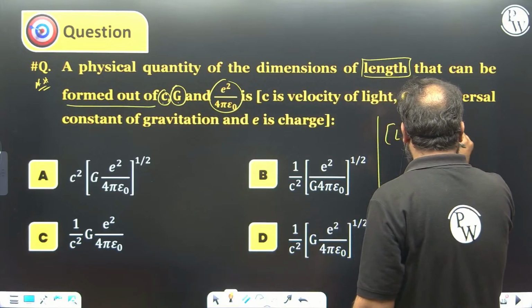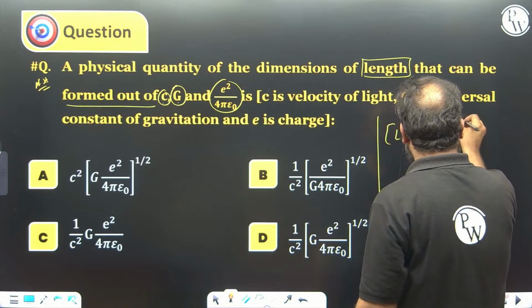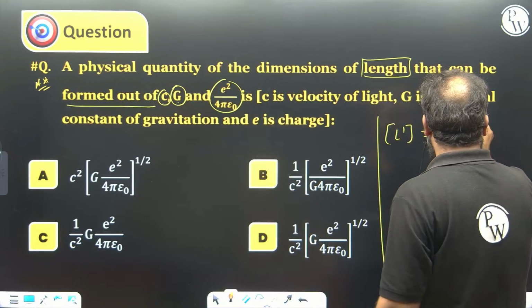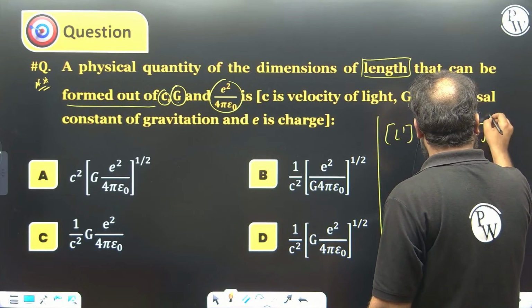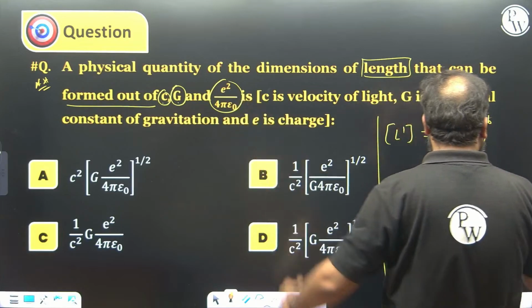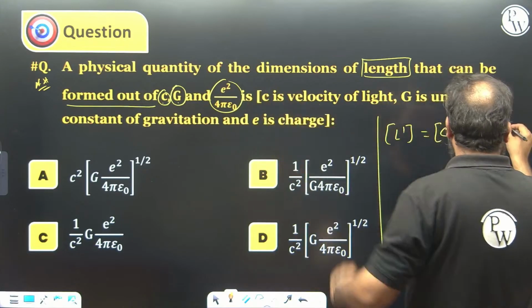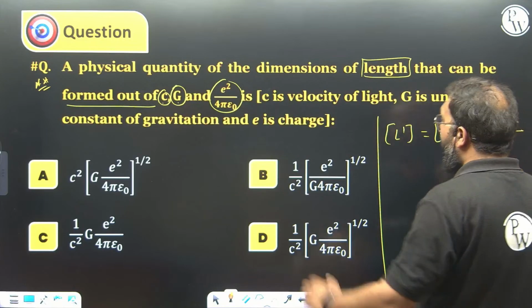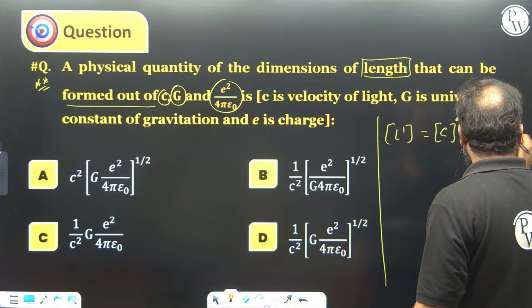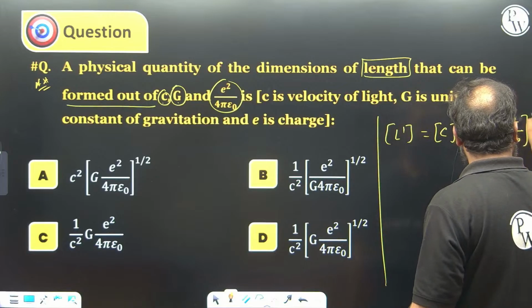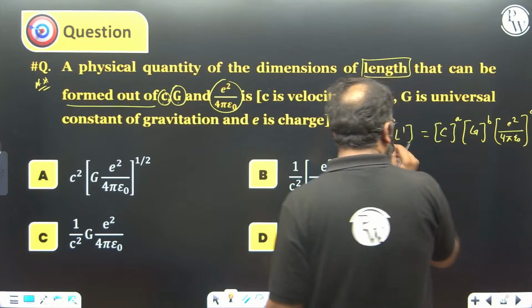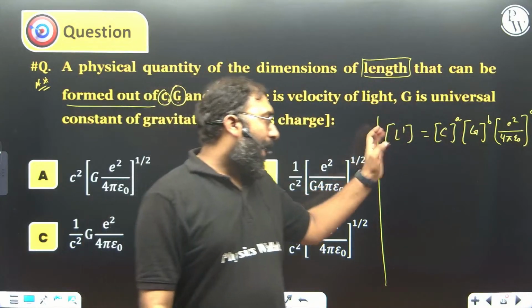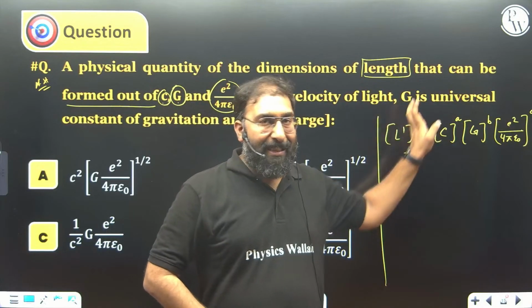So I'll be writing C raised to the power of a. Then I'll be writing G raised to the power of b. And then the third physical quantity is e square divided by 4 pi epsilon naught, and it is having the power of c.